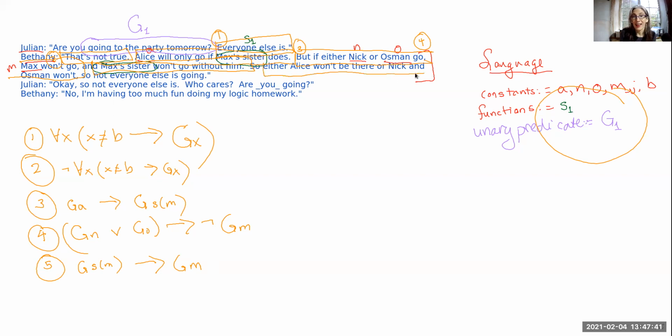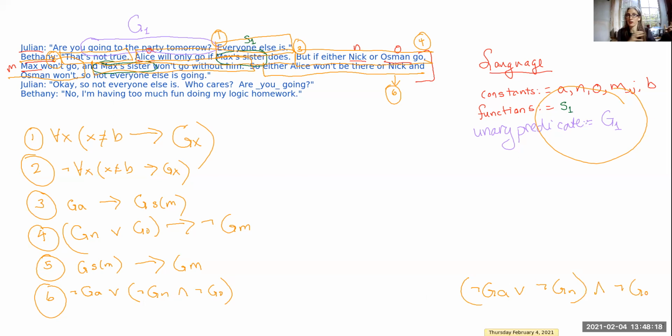We've got another one that says either Alice won't be there or Nick and Osmond won't. So that's number 6. So either Alice won't be there or both Nick and Osmond won't be. So it's important here that we have this set of parentheses because this would not be the same thing as, let me just write it over here so you can see, for instance, this is an entirely different sentence.